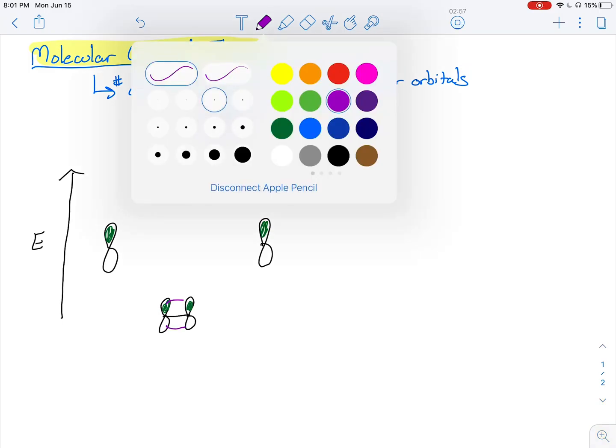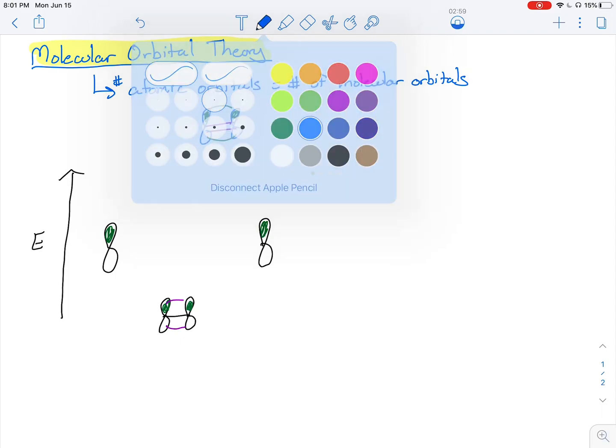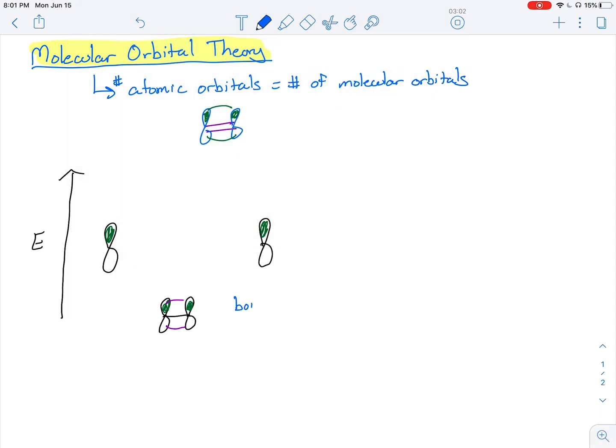This is what we would call a bonding orbital, which we also call the pi molecular orbital. This is also what we call a constructive interaction because we're forming a bond. So if we have one electron here and one electron here in those atomic orbitals, those electrons can be put into this molecular orbital.